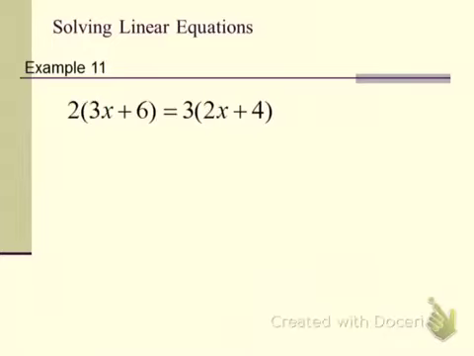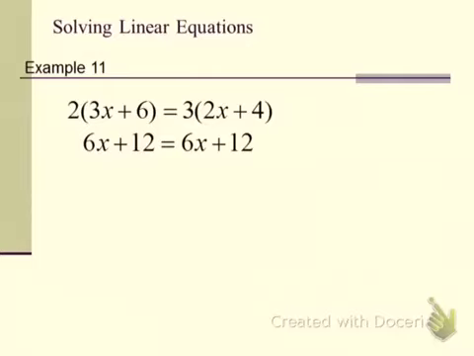All right? Now this one, we're kind of getting short on time. Just pay attention. Don't write it. What's going to happen here when we distribute on both sides? What are we left with? 6x plus 12 equals 6x plus 12. Now, these two lines are what? All real numbers. They're exactly the same lines.